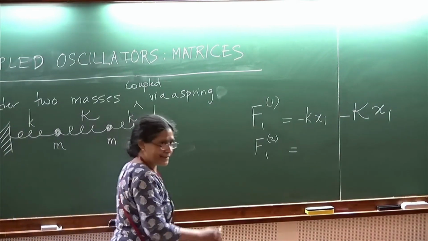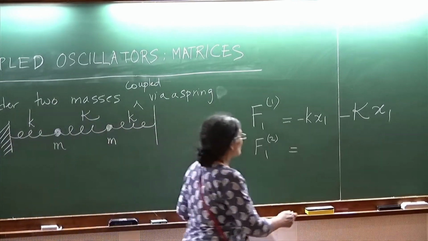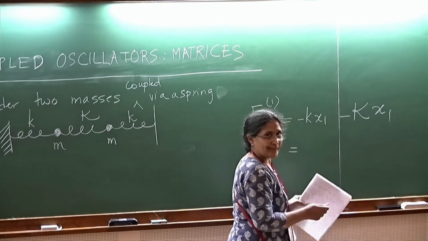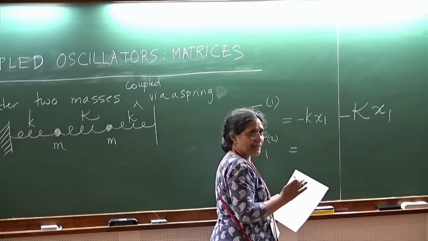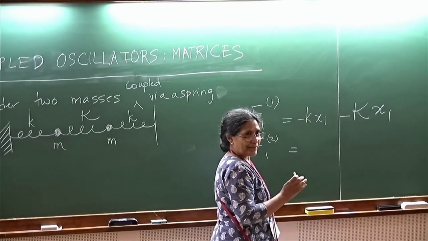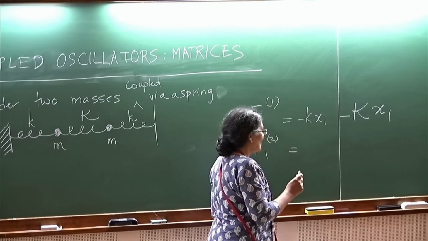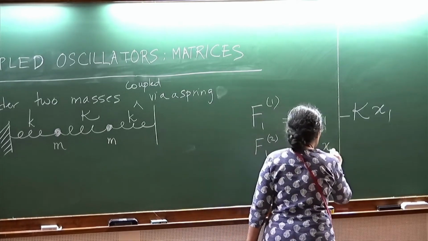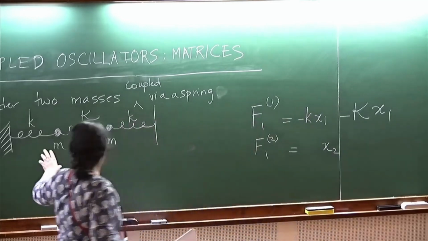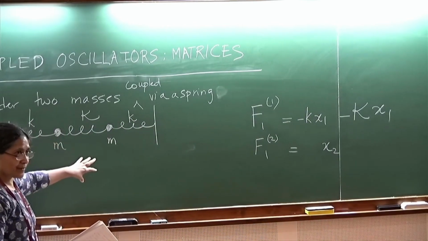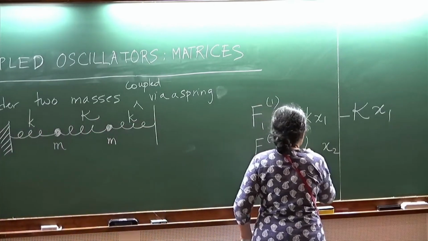I'll stick to kappa because I've done the rest of the algebra. So what should I write here? This is the force on the first mass when there is a displacement x2 of the second mass. x2 is correct, but kappa, because that's the coupling. So the first mass will be affected by the displacement of the second mass only via the coupling. So therefore, what will come here is kappa.